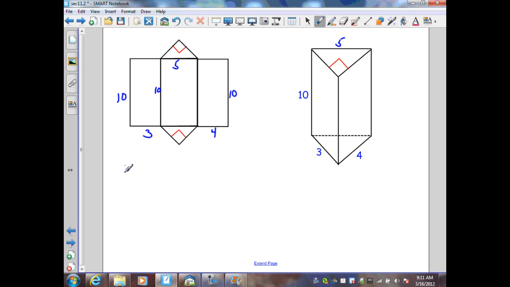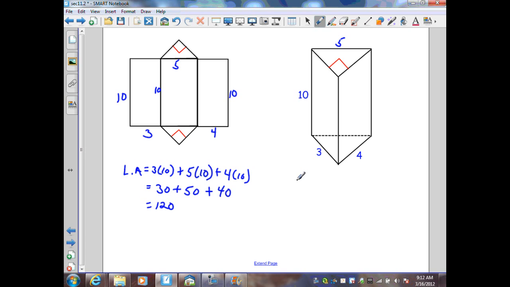So to find the lateral area, I find the area of each of those rectangles: 3 by 10, 5 by 10, and 4 by 10. Simplifying, 30 plus 50 plus 40. Finding the sum, I'm going to get 120 for my lateral area.